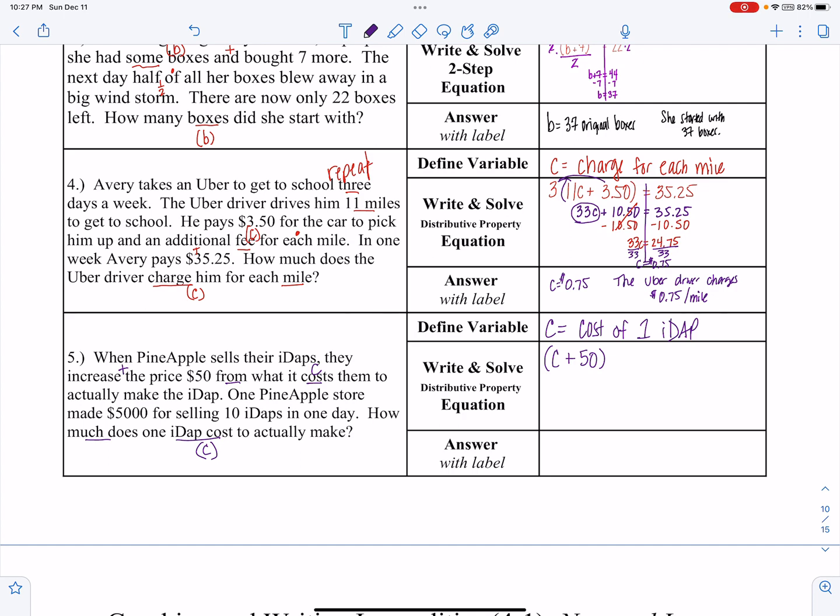So when I have a repetition, this is actually my distributive looking expression. Okay, so I have the times 10. And when that happened, we had a total of $5,000. Okay, so again, I can right away go ahead and distribute this, or I could divide 10 from both sides right away. It's really up to you how you want to solve it.